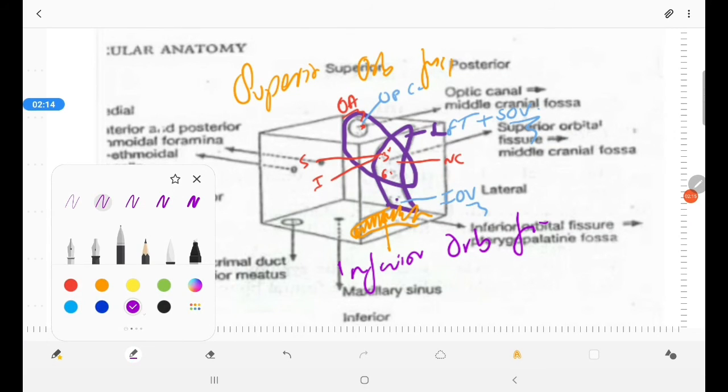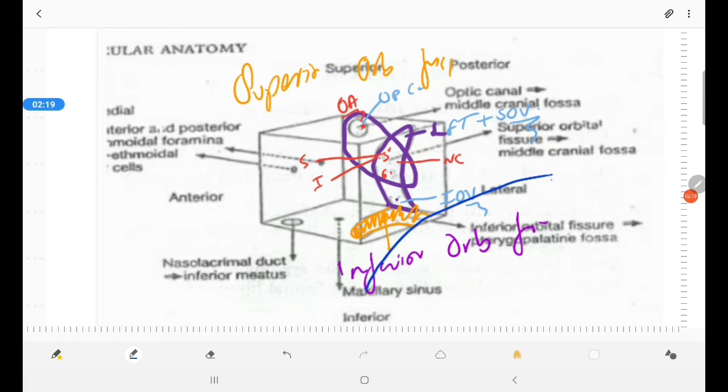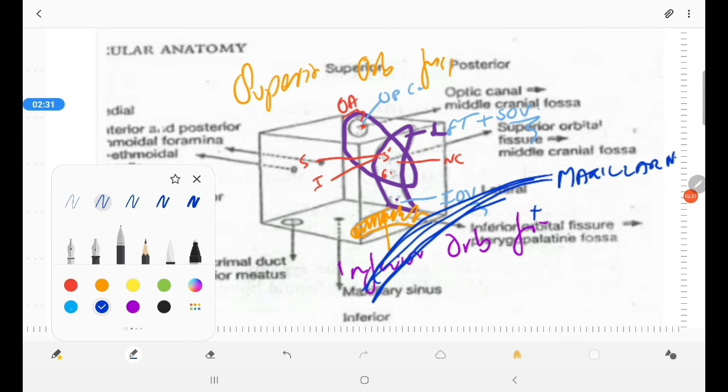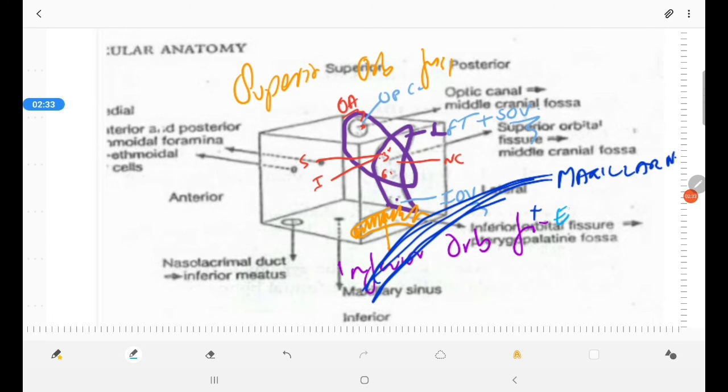It transmits the maxillary nerve, along with an emissary vein.